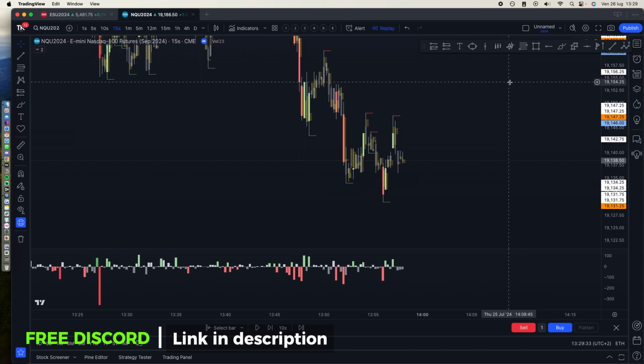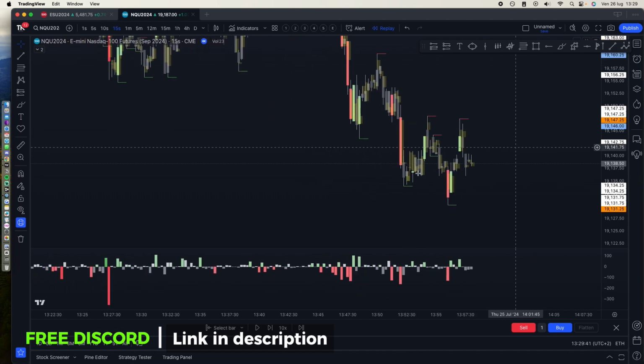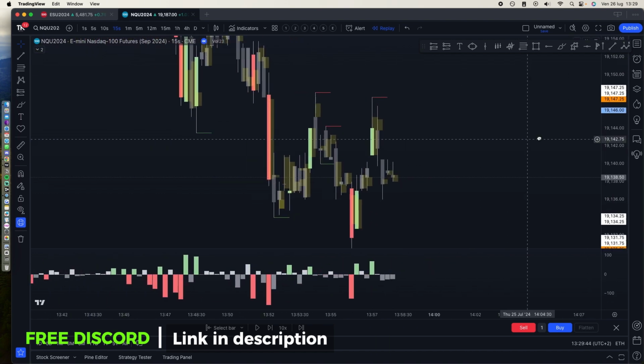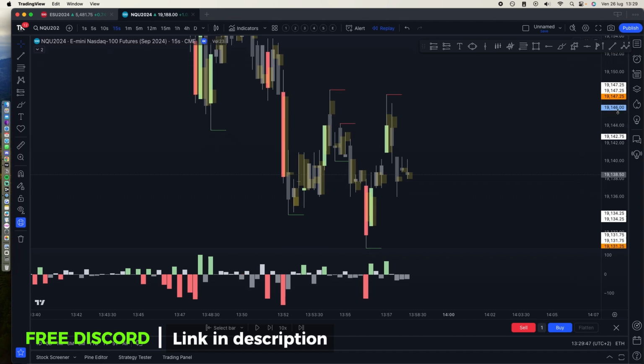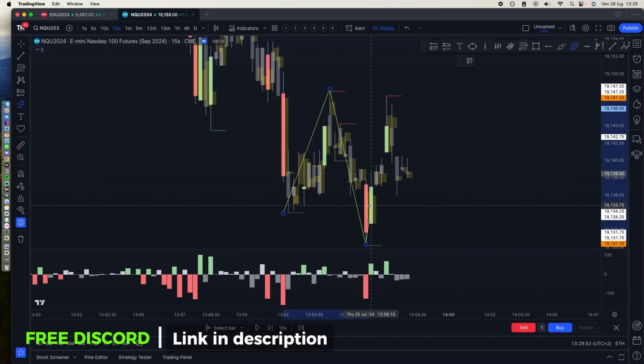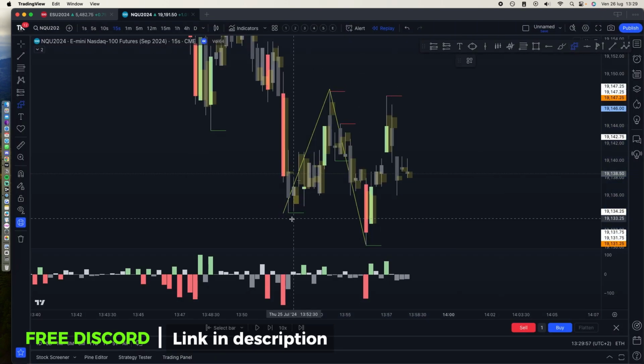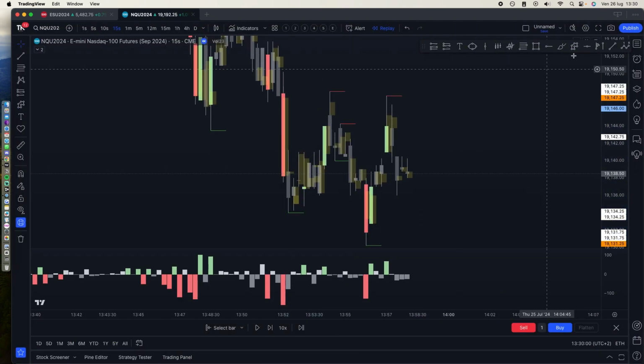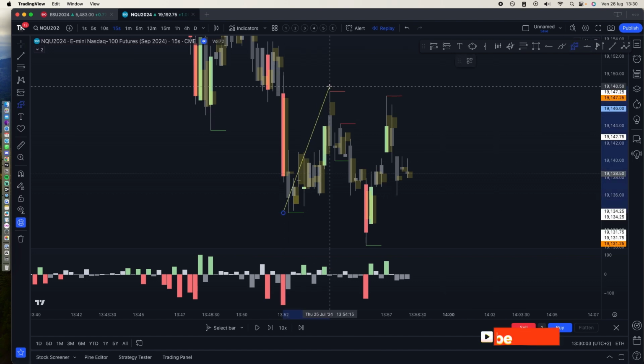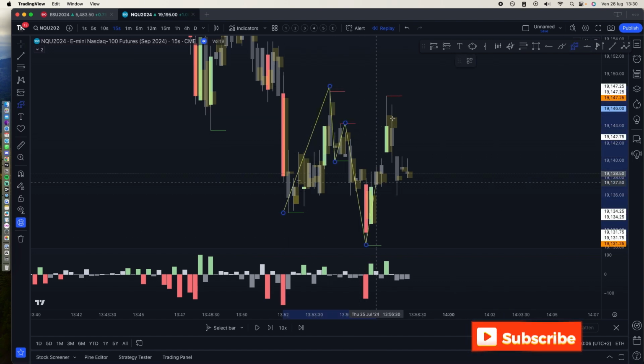Okay, this is another pattern. I will not take a trade here. Why? Because we don't have any fair value gap. This is very important, listen carefully. We 1, 2, 3, 4, 5, and 6.